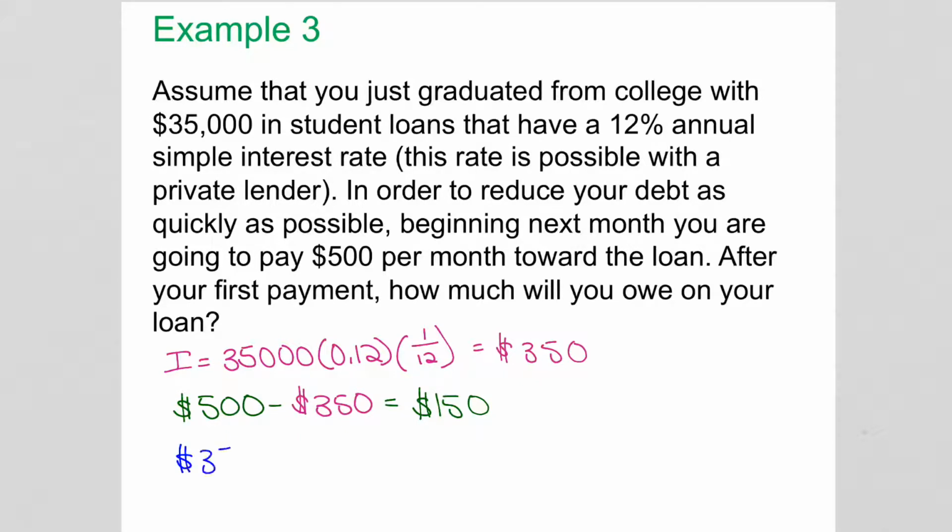Your principal was $35,000. So we can subtract that $150 that you just paid. And now you have $34,850 left in your account.